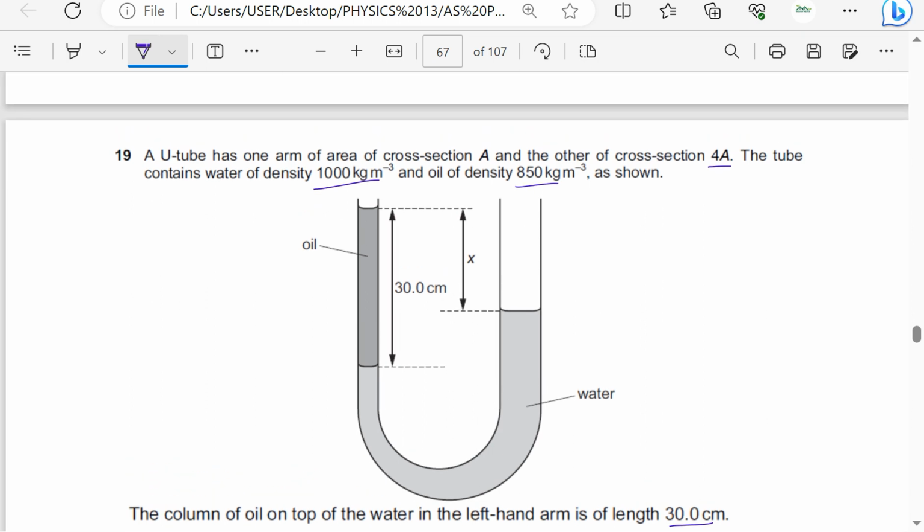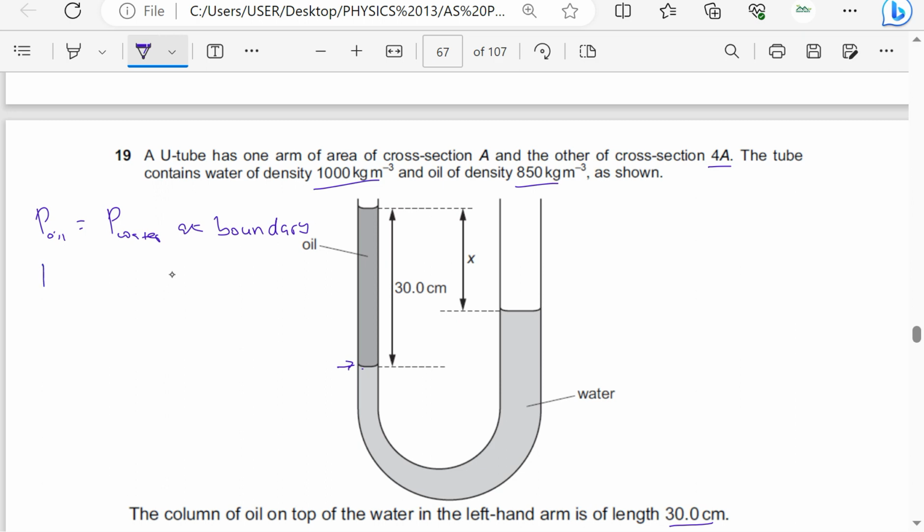Pressure due to the oil should be equal to the pressure due to the water at this boundary. That is obvious. The pressure here should be the same because at the boundary, pressure acts equally in all directions.